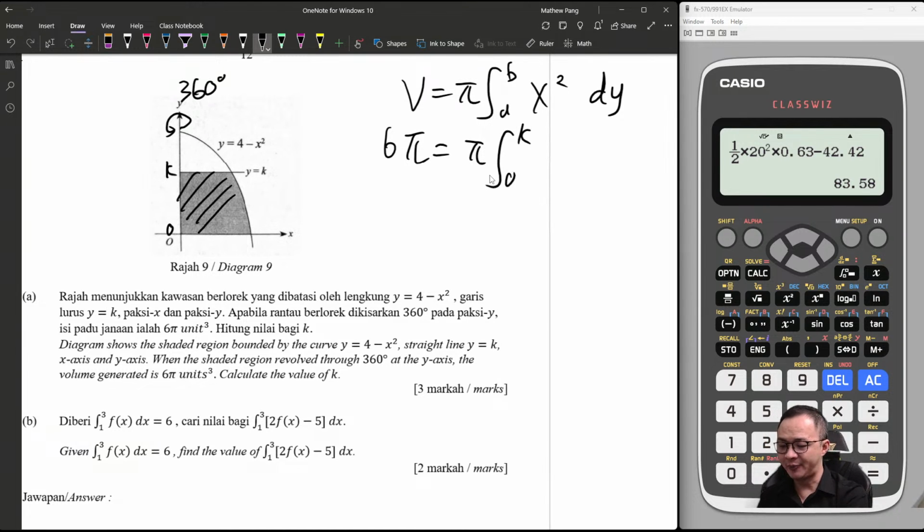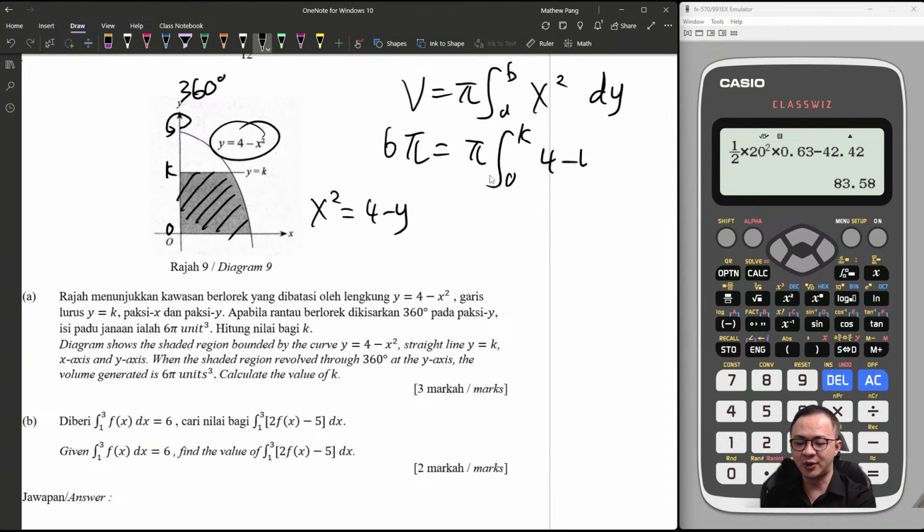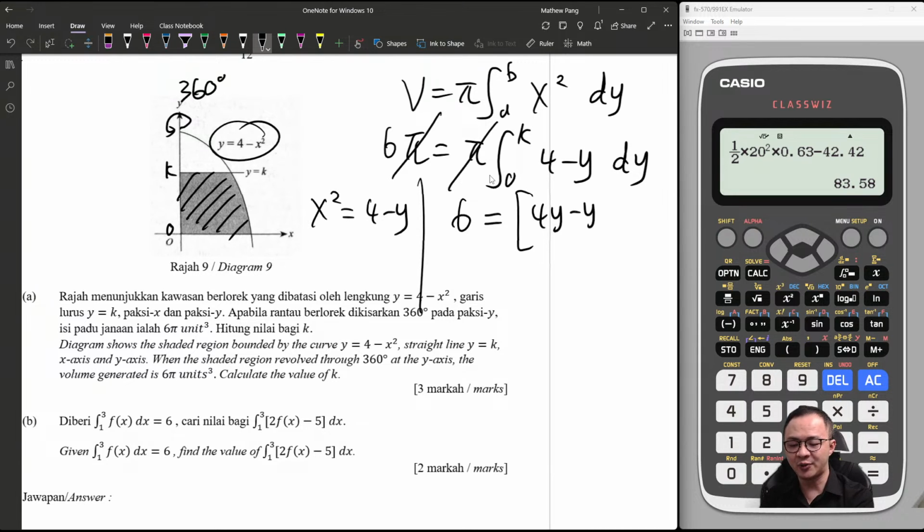But I don't have an x squared, so I rearrange to make x squared the subject: x squared is 4 minus y. So I insert 4 minus y dy. Pi and pi cancel, so 6 equals the integral, 4y minus y squared over 2, from 0 to k.